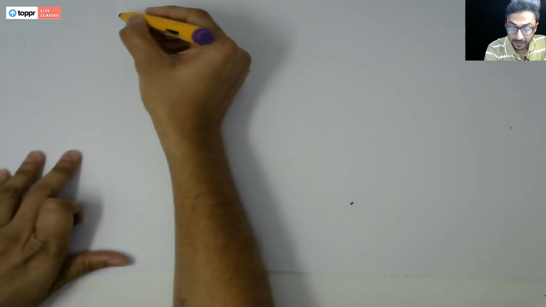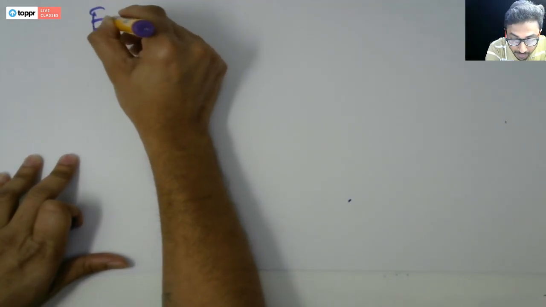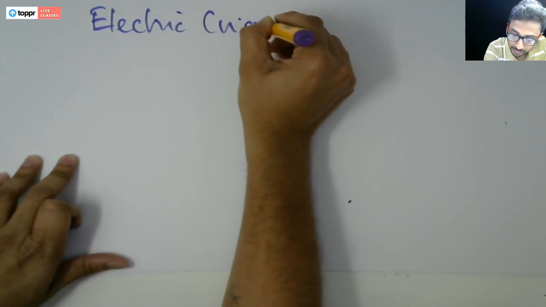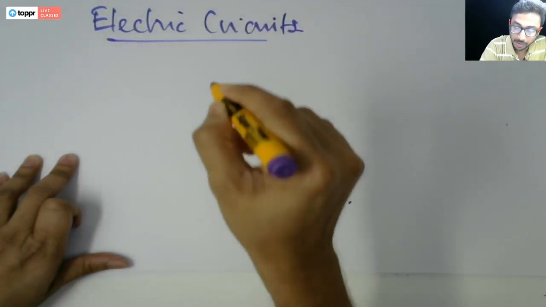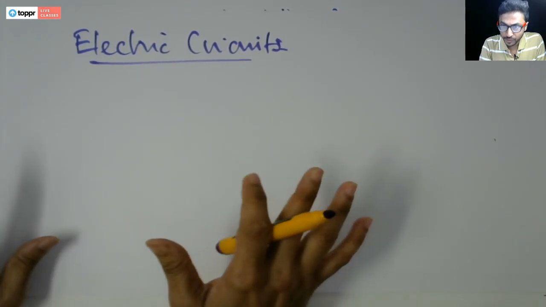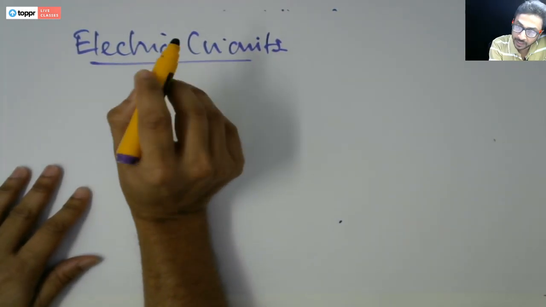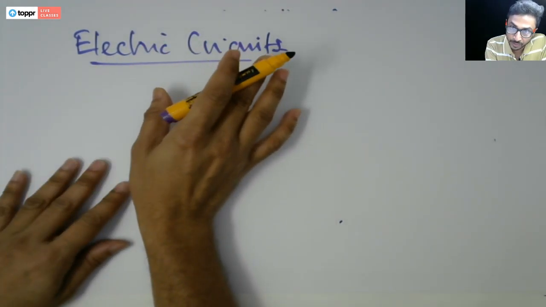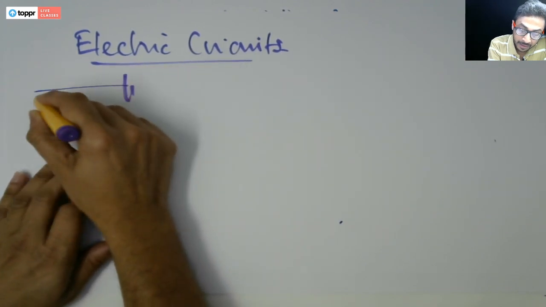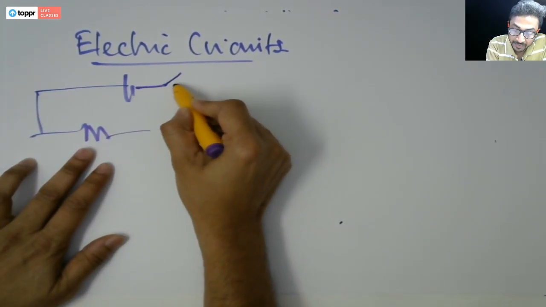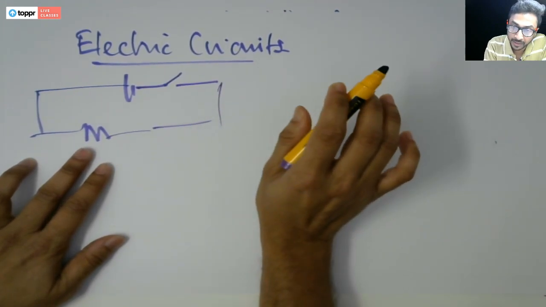For electric circuits, mostly we go with ohmic conductors only, like all the conducting wires, all the devices we use, any resistance in the circuit, everything are ohmic conductors.